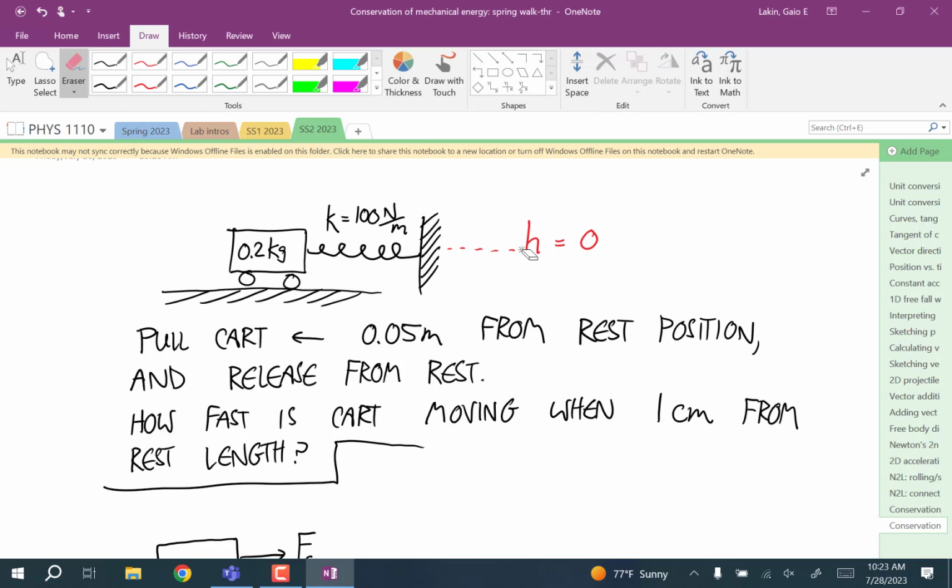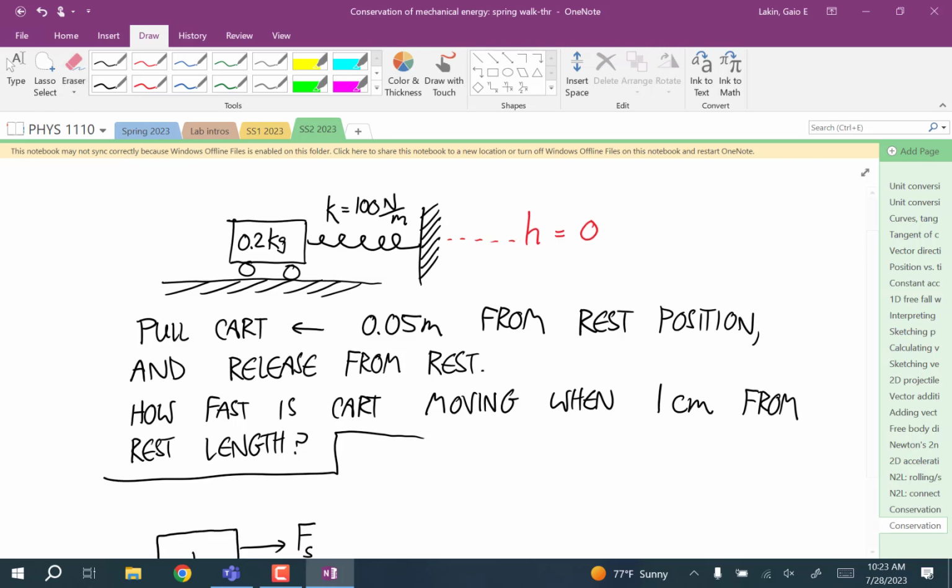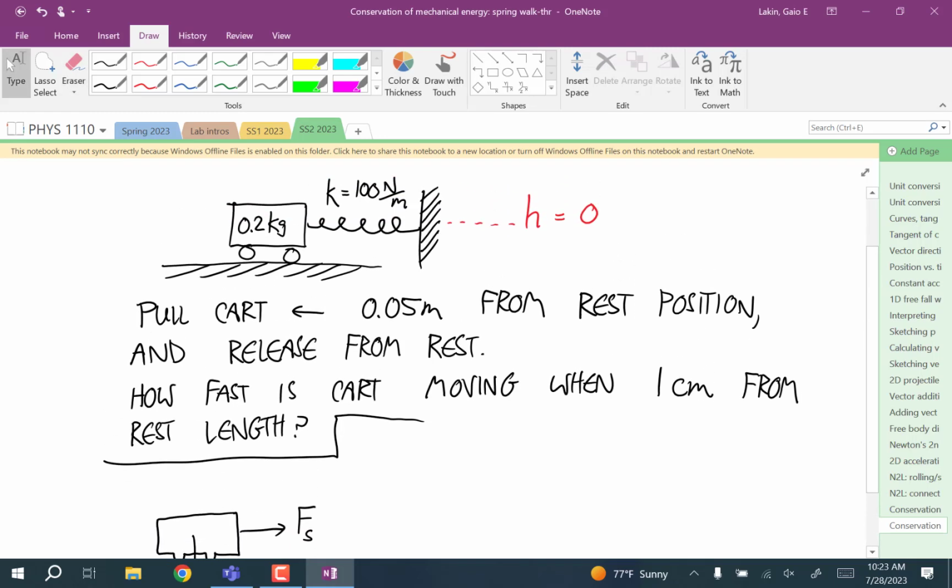So we won't see it in the equations. You could choose any height though, and what you would see is that in the end, that gravitational potential energy canceled out. So it wouldn't affect the problem no matter what you chose as your height equals 0. This will just simplify the look of the equations a little bit.